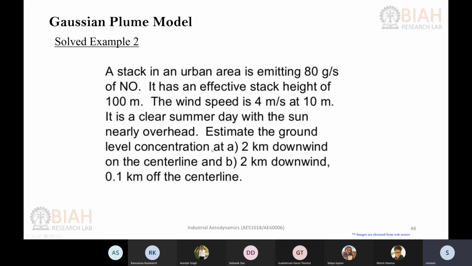Estimate the ground level concentration at 2 kilometers downwind on the central line, and 2 kilometers downwind, 0.1 kilometer off the central line. So there are two pieces of information you want to find out: one along the central line, one off the central line by this amount. So how do you do it?